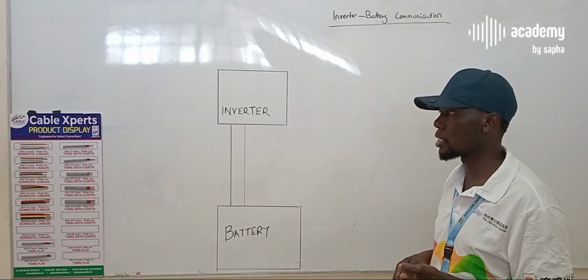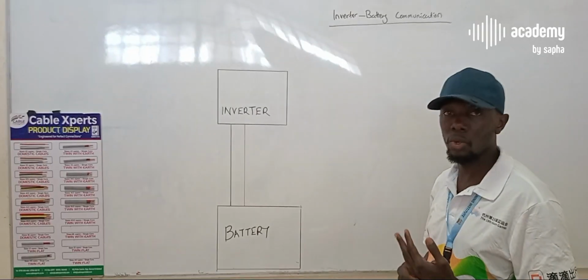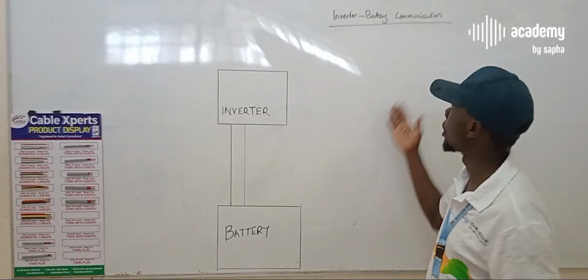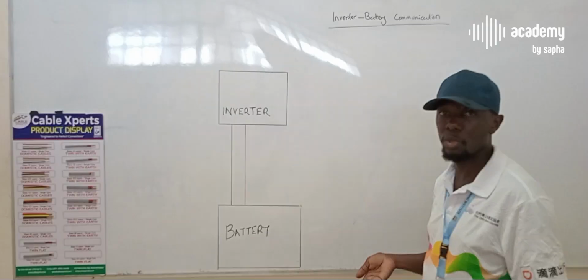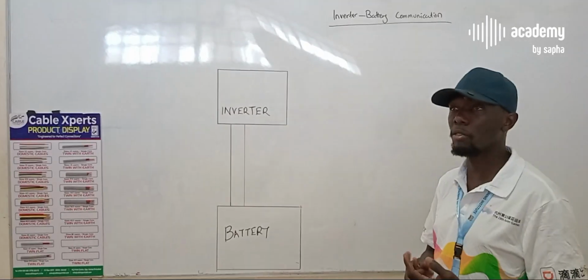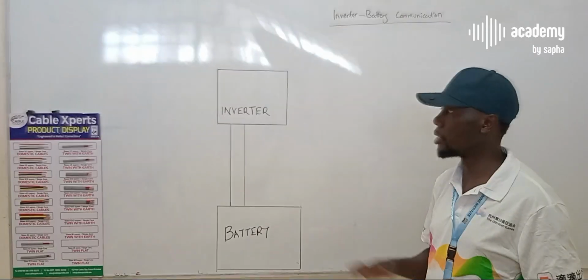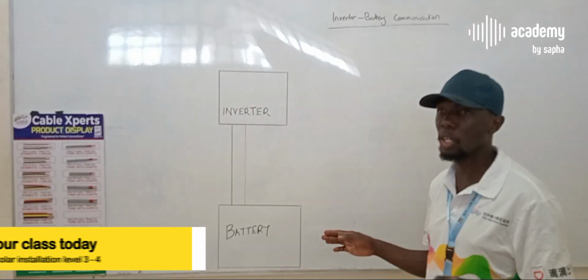One of the advantages is that it's cheap. Basically, the accessories for this system that can rely on this protocol are some of the most basic, entry level products. But we have also got the disadvantages, and one of the main disadvantages is that apart from the voltage, the inverter and the battery do not communicate on any other parameter.